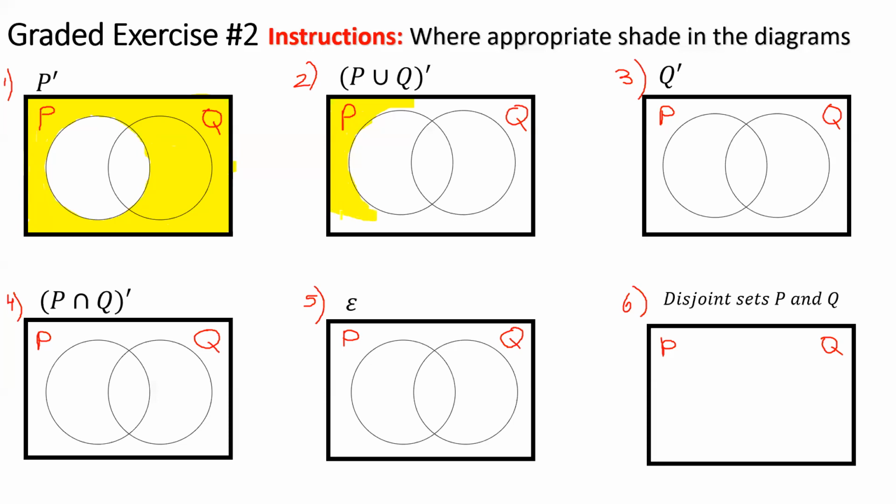Okay, George got that. So again, shading everything except for P and Q, because they want the complement of the union, right?